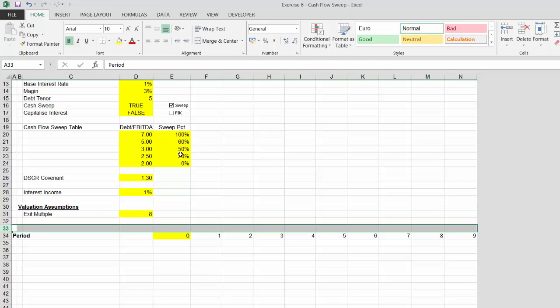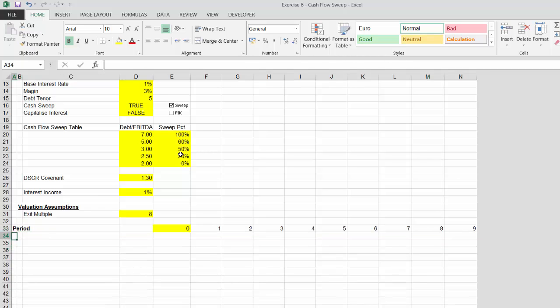Now, to get to the structure of the model, I suppose let's put the operations in first. I noticed when I did this last time, I didn't do this. It should have been like this. So we put base cash flow, and okay, how about this?